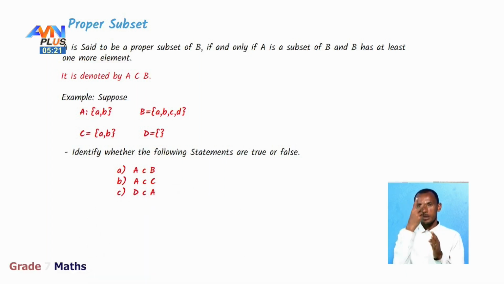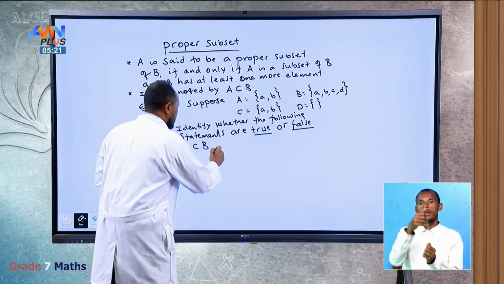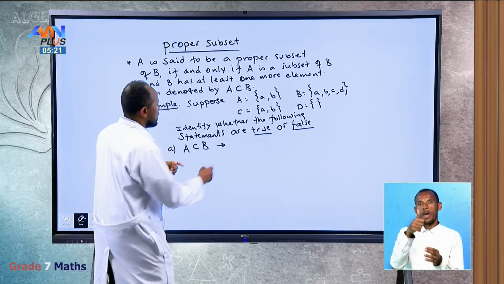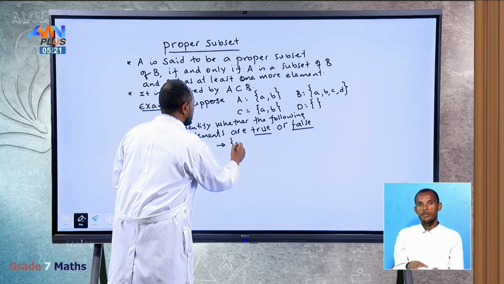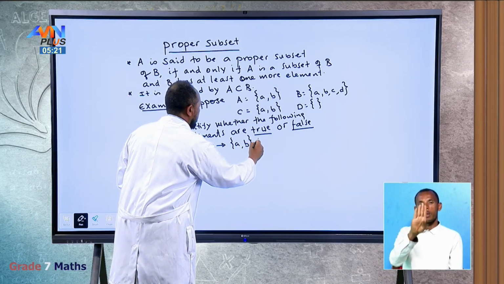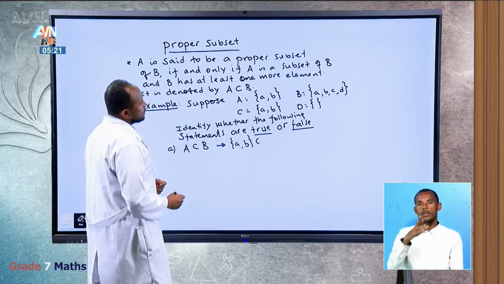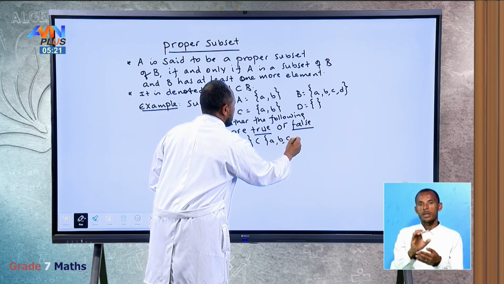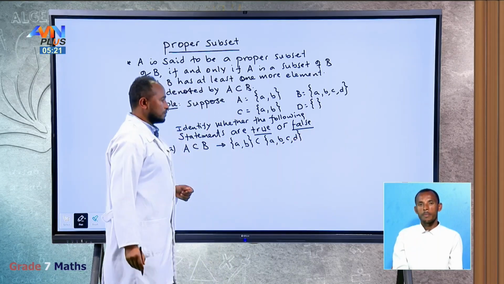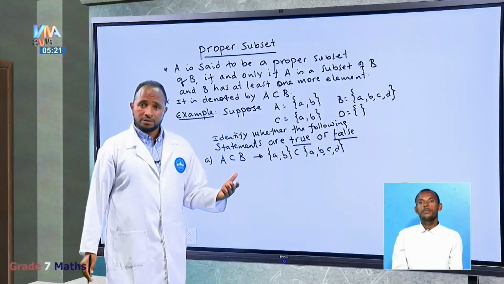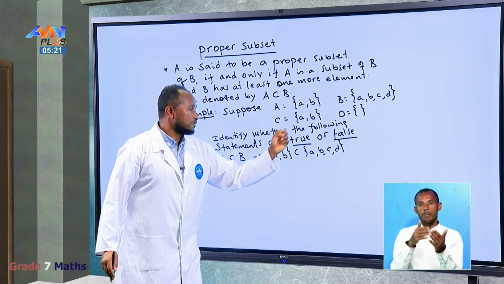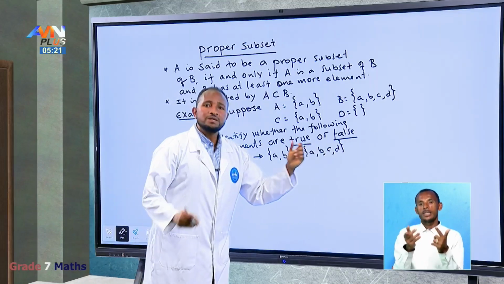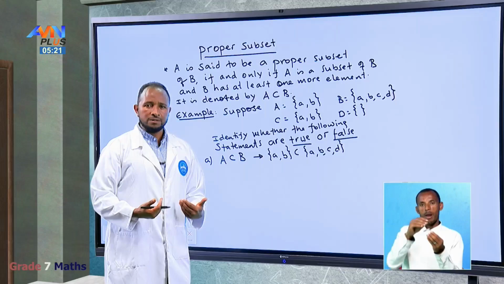Let's check these statements together. A is a proper subset of B. Now, let's see the elements found in set A. Set A contains the elements A and B. Set B contains the elements A, B, C, and D. Proper subset means all elements here are also found in the second set, and the second set must have additional elements.